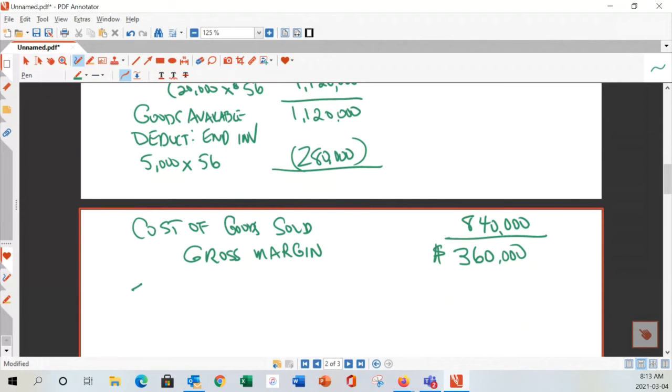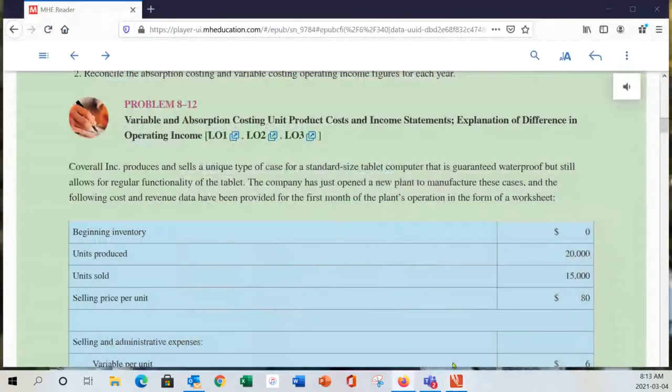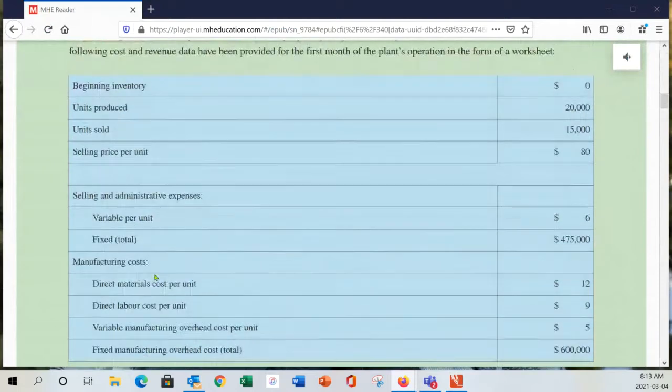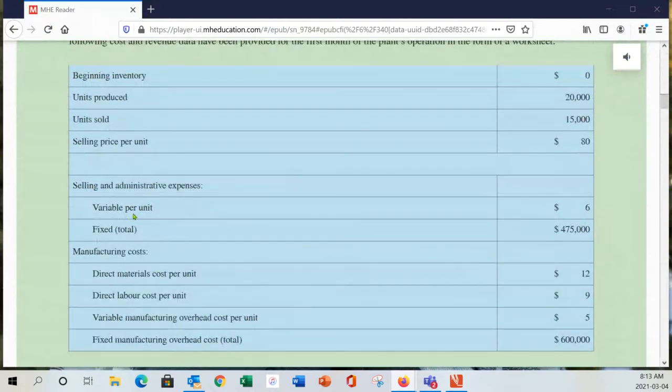All right, next we have selling and admin down here. And what does it tell us there? It told us variable cost per unit sold. So anything with selling and admin is always based on units sold, $6, and then fixed in total $475.